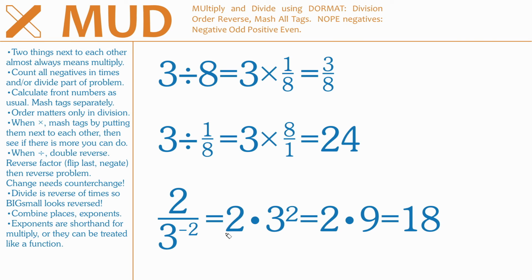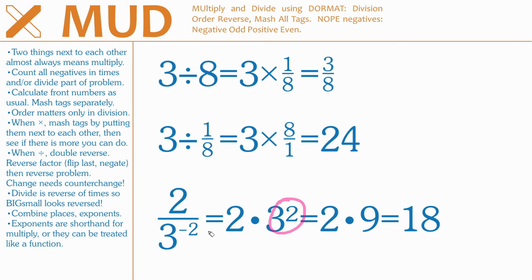So here's one with negate. So 2 over 3 to the negative 2. Well, that looks kind of nasty. And in fact, I don't even know how to deal with a 3 to the negative 2. I want to change it to a 3 to a positive 2. Oh, 3 squared. I know what to do with that. That's 3 times 3. That's 9. But how do I get from 3 to the negative 2 to 3 to the positive 2 over here?